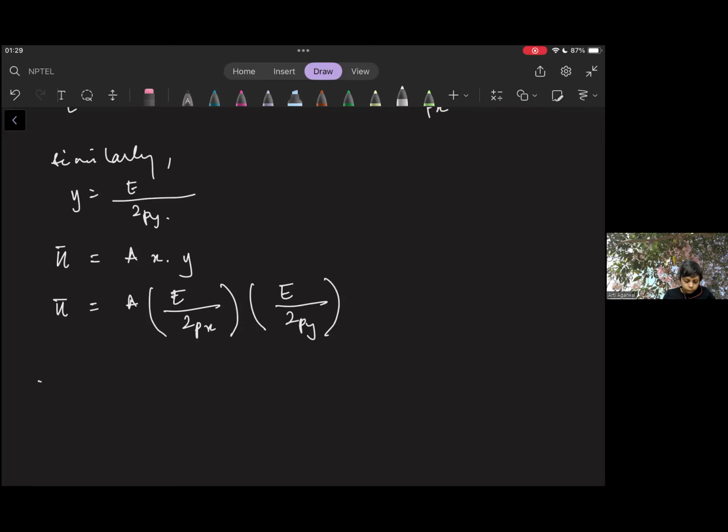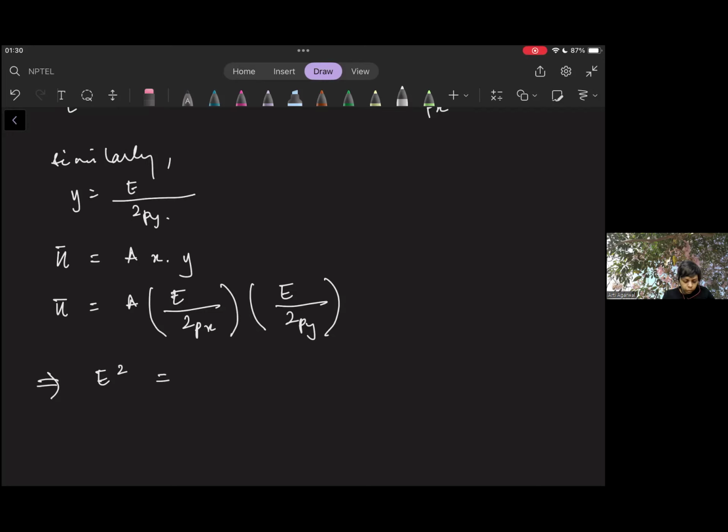So now we can rearrange the terms to write the whole thing for E in terms of U bar instead of U bar in terms of E. Now see, what we've done is we've replaced all the X and Y's and we have just gotten it in terms of the parameters, where Px, Py are parameters, A is a given constant, and U bar we are taking as constant also. That is why it's Hicksian demand, right?